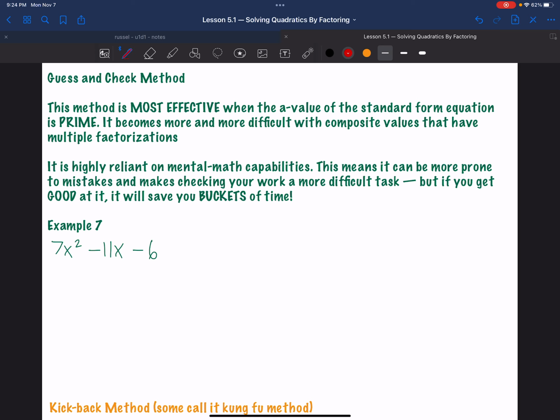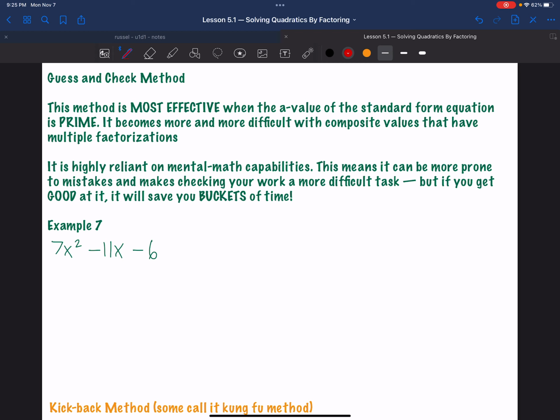That whole factoring by grouping business, this will be instant. But I do recommend, if a is not prime, I don't use this, okay? You might just end up wasting more time. And factoring by grouping, or what's about to follow, the kickback method, either of those might be more effective.